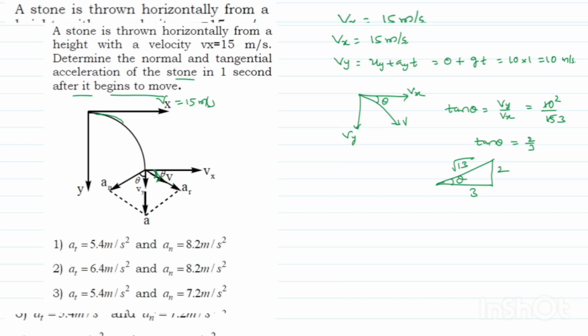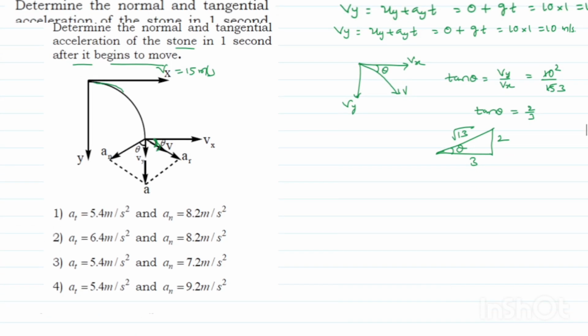Now let us calculate the tangential and centripetal accelerations. When the particle is moving and coming down, the weight, that is the gravitational force, is acting downwards.